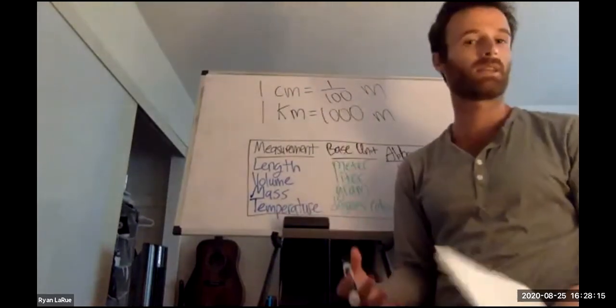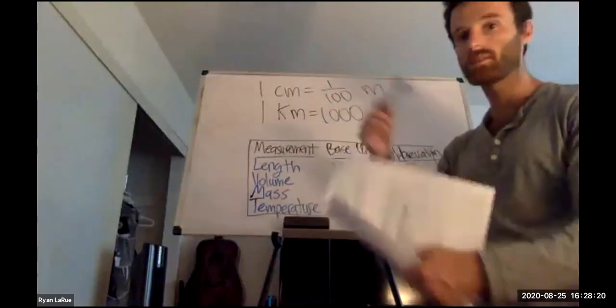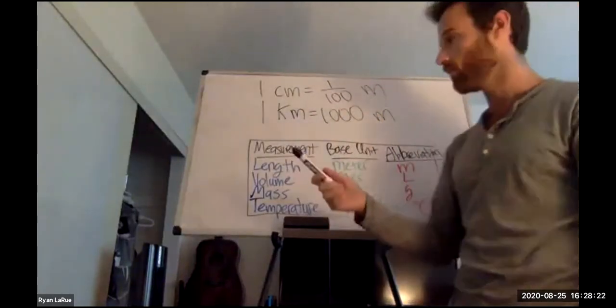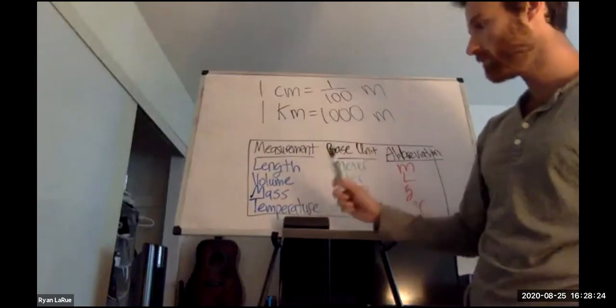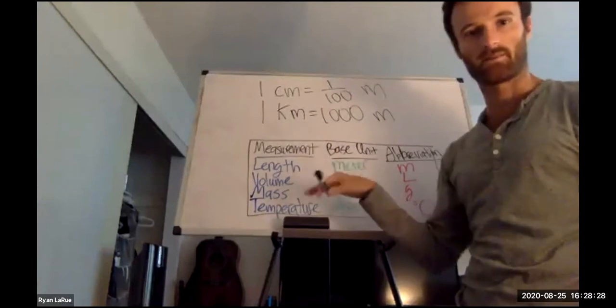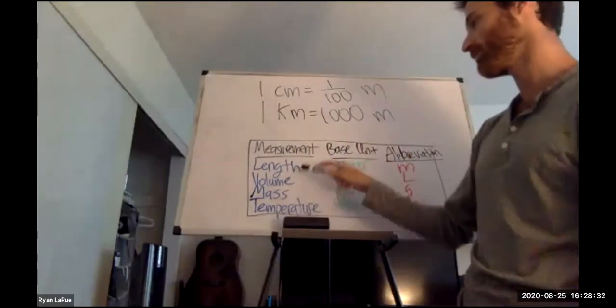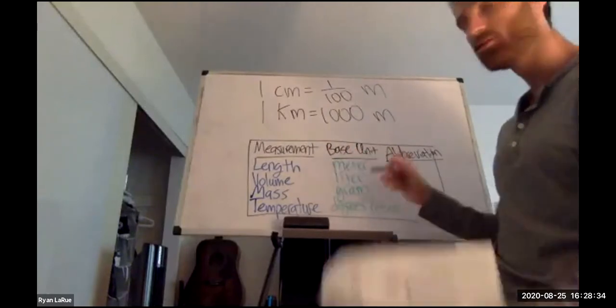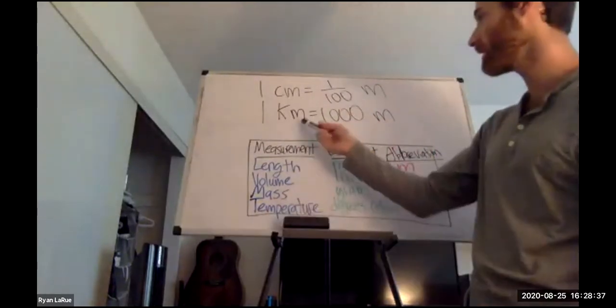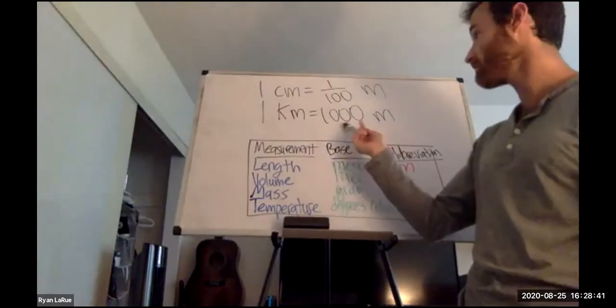The really nice thing about the metric system is that this table applies whether you're talking about length, volume, or mass. Temperature doesn't, you never do it. It's just one thing, so ignore temperature. But anytime you do these, you use these prefixes. So you can have a kiloliter versus 1,000 liters.